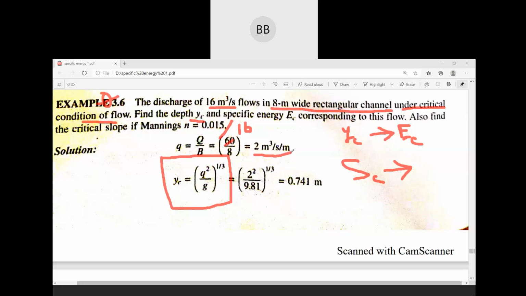So it will be 2 meter cube per second per meter. That q value is 2. Then you substitute here in this equation, q is equal to 2, and then you find out the YC value. That is 0.741.